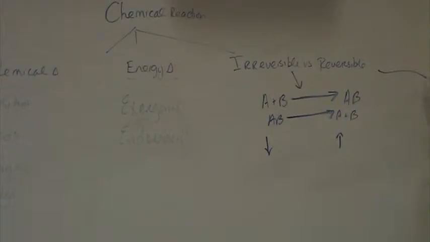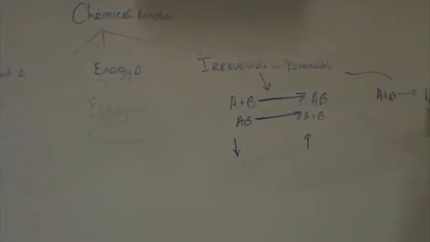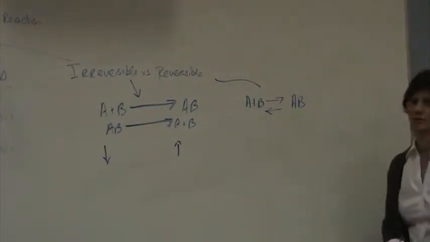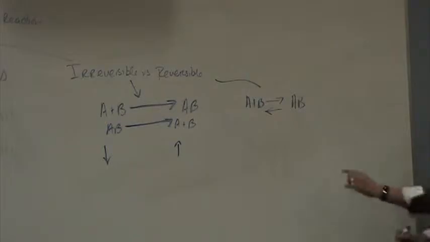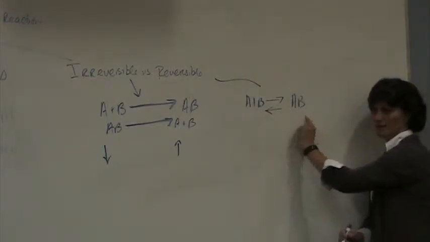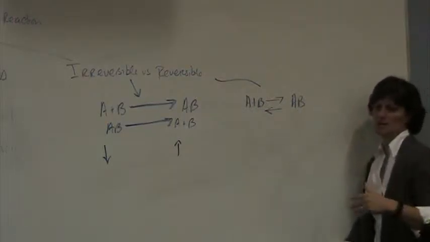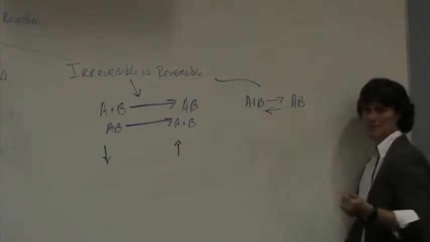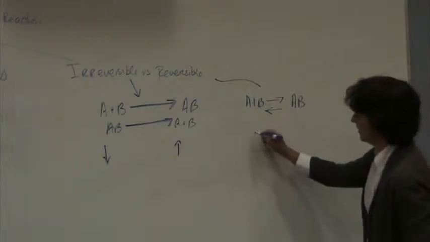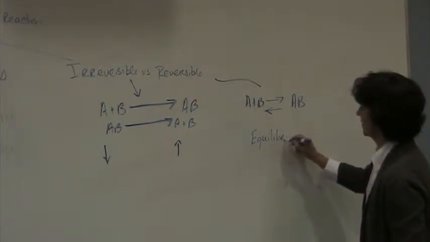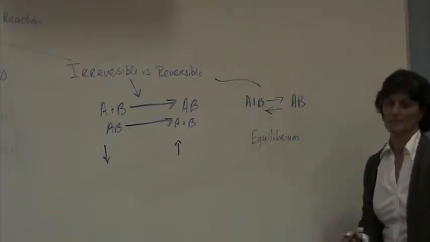Compared to a reversible reaction, let's just take one of them, A plus B becoming AB, then you look for the fact that the arrow goes backwards as well. That means that the reaction proceeds this way and it proceeds this way. So A plus B becomes AB, and AB says, I don't want to be AB anymore, and splits back into A plus B. If nothing disturbs this chemical reaction, it reaches what we call equilibrium.